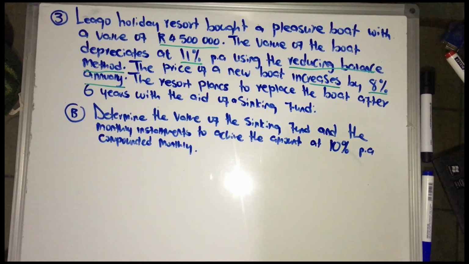All right, so we know that the resort has bought a boat which loses value, and then they went to replace it at the end of 6 years by a new boat which would have increased in value.